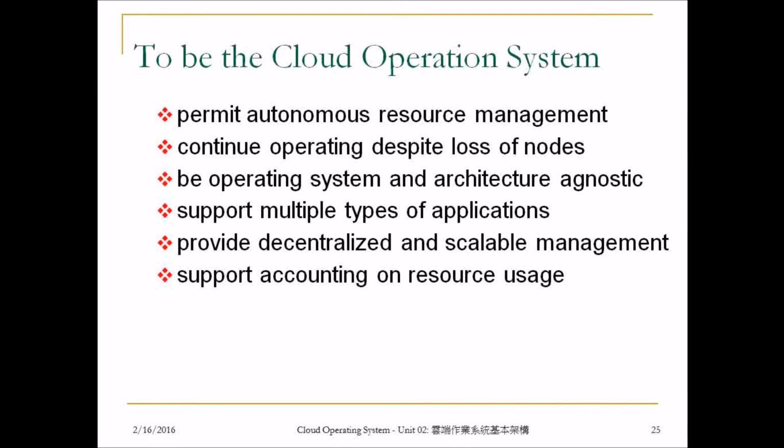So, for an operating system to be a cloud operating system, the first requirement is to permit autonomous resource management. Since the data center requires such huge computing resources, the cloud operating system should manage the computing resources well.